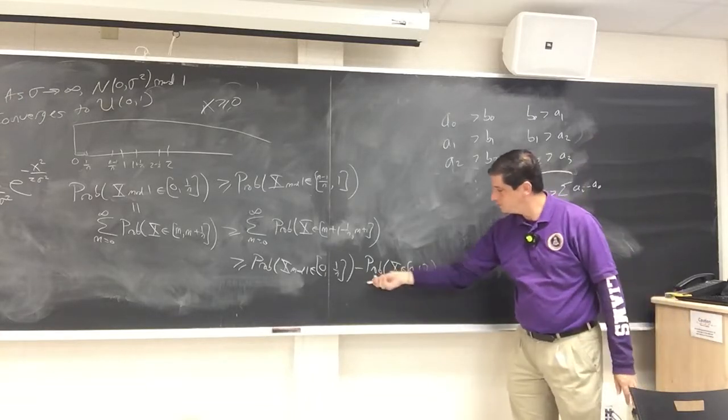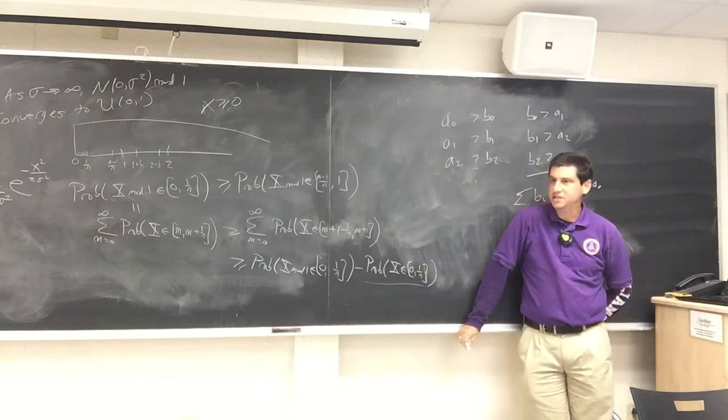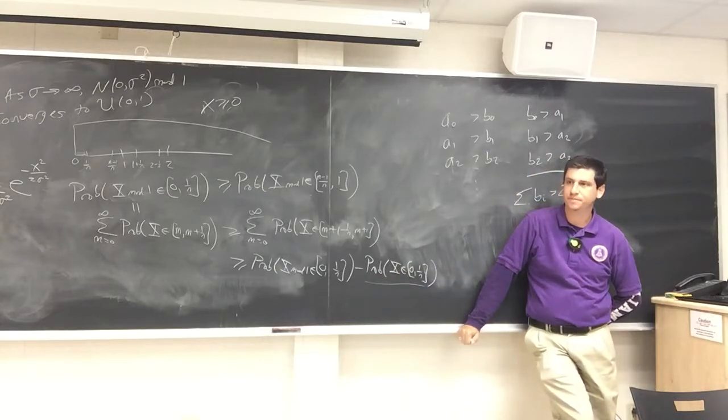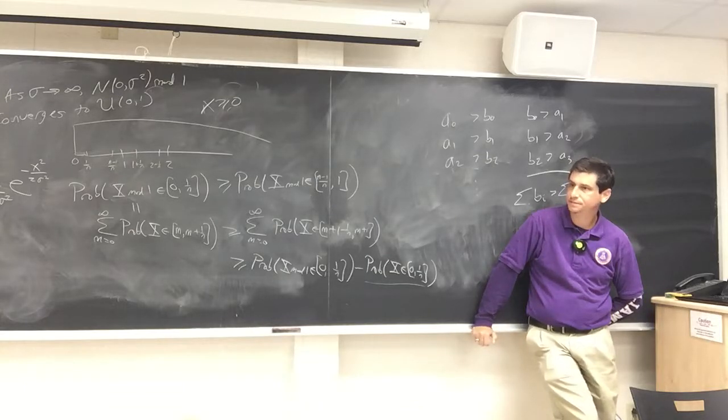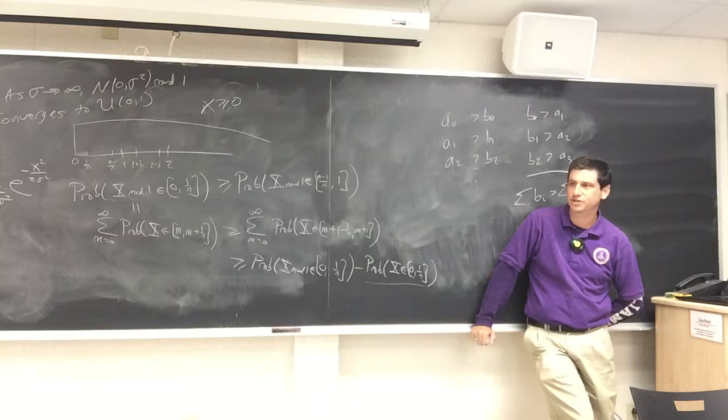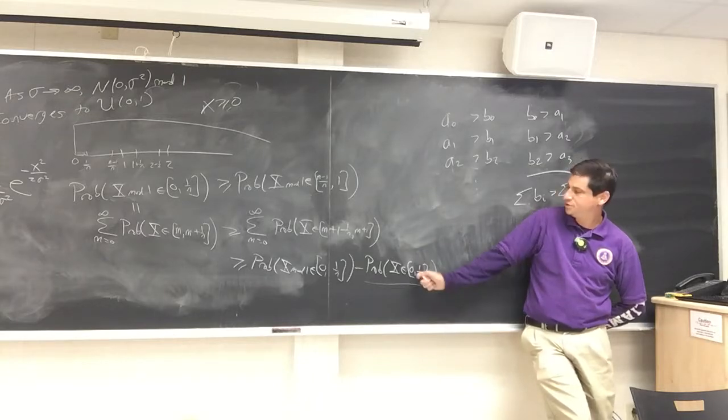What can you tell me about this probability? What's the probability that x is between 0 and 1 over n? Sorry, battling a cold. I need a bound for this probability.